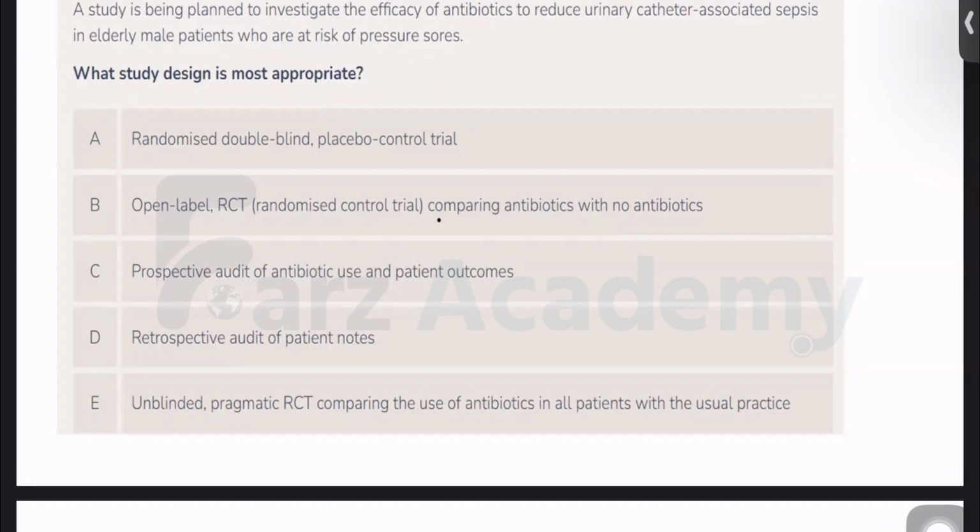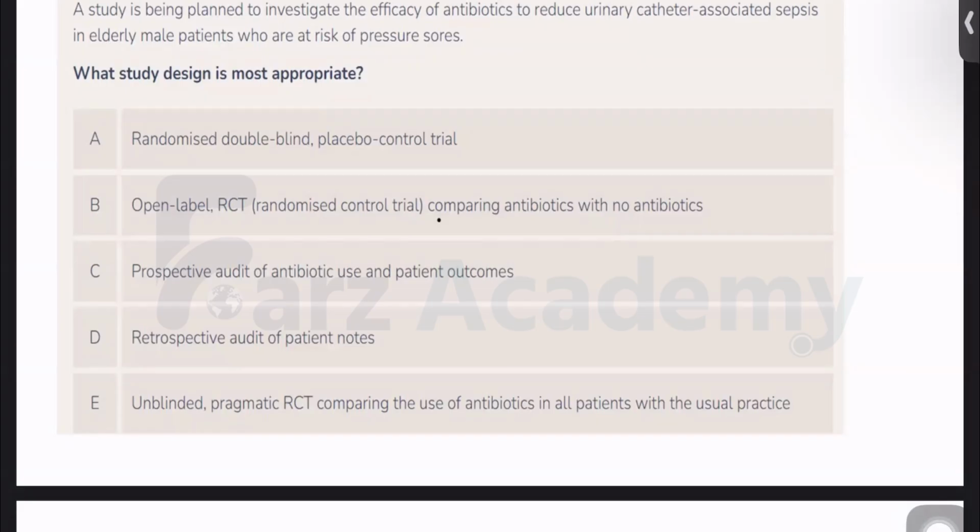Retrospective audit. Hmm. Will a retrospective study tell you whether antibiotic is reducing sepsis? For that, you will need some follow-up of the patient to see whether antibiotics are reducing sepsis or not.